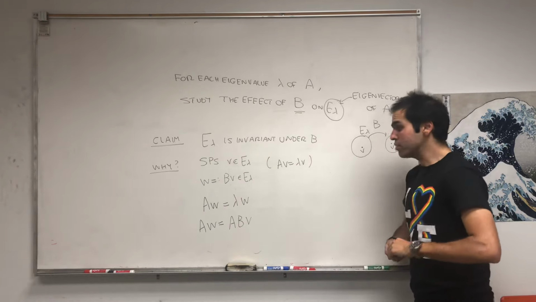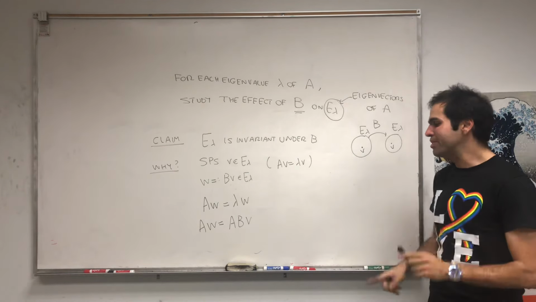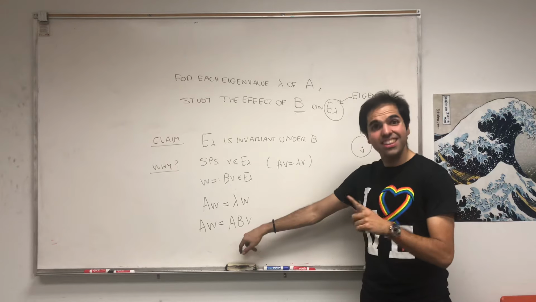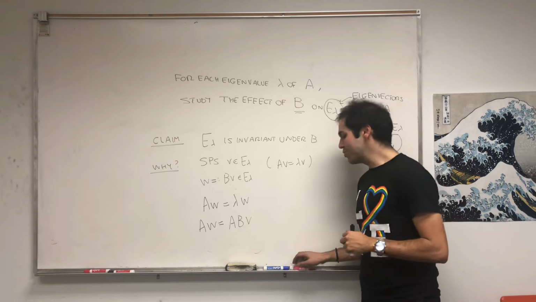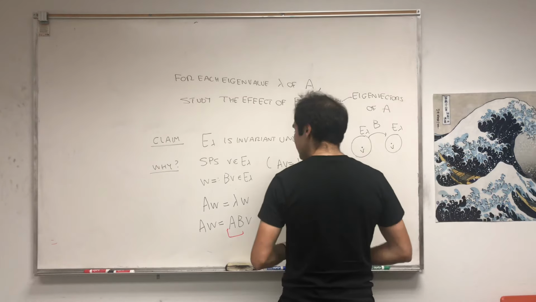And very important, so far, we have not used the fact that A and B commute yet. And in fact, this little detail is actually the most crucial part of the proof. Because they commute, we get AB is BA.